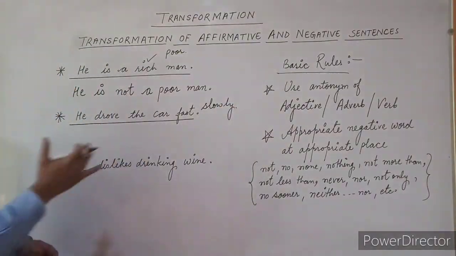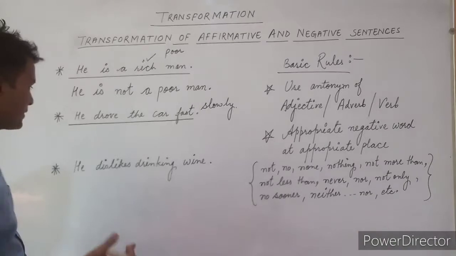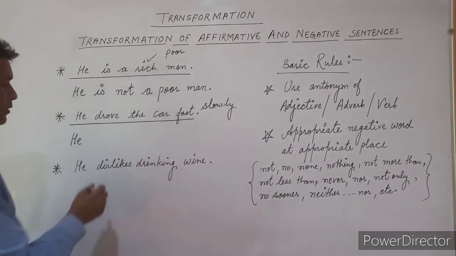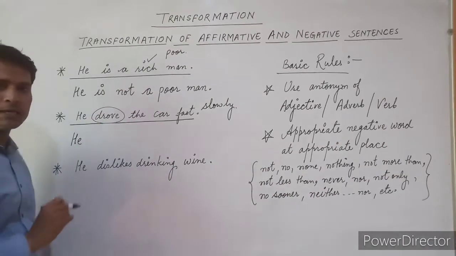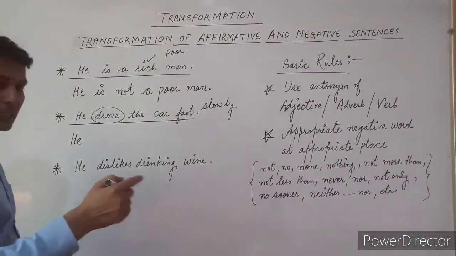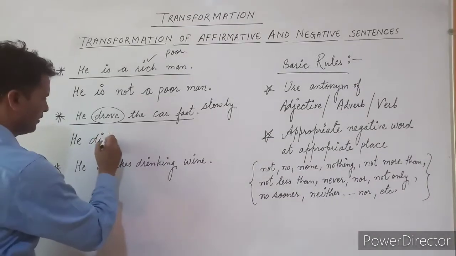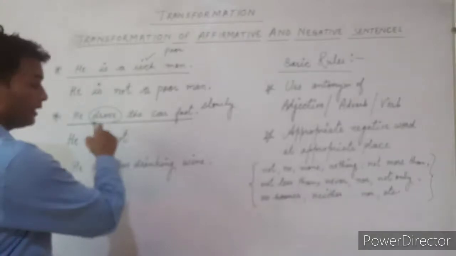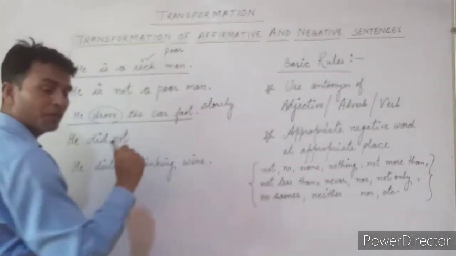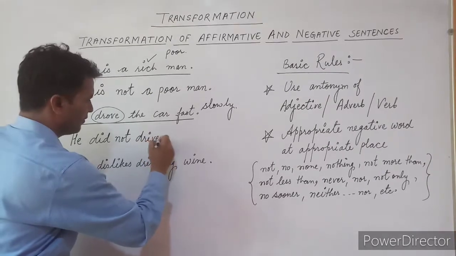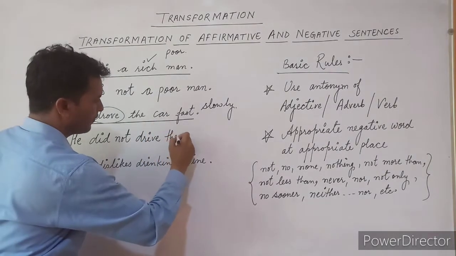So now how can you change it into a negative expression? He. Now the tense of the sentence is simple past tense, so in negative we use did not. He did not. And in a negative sentence in simple past tense, we use the first form of the verb drive. The car.